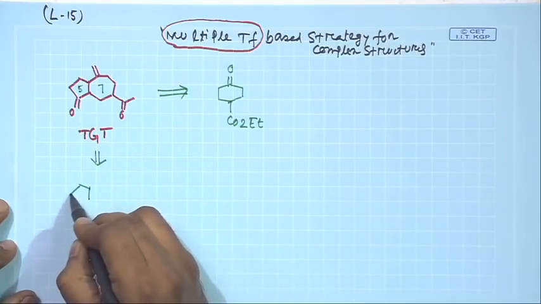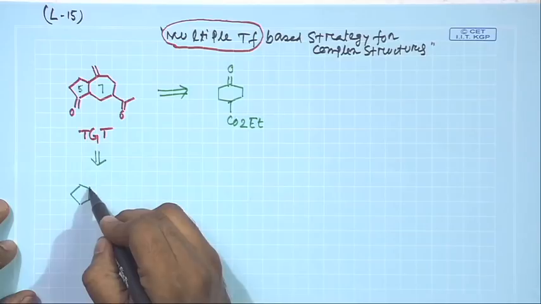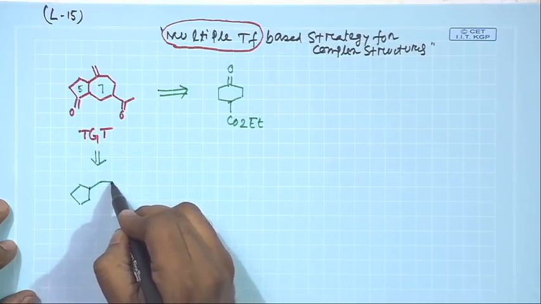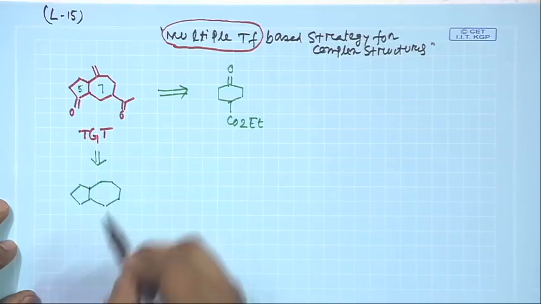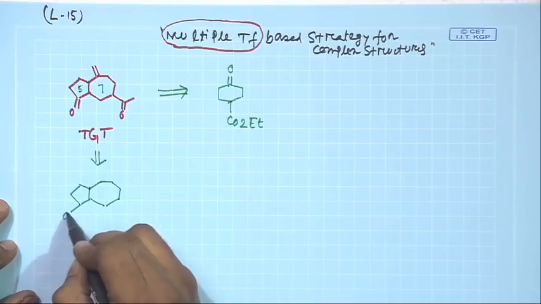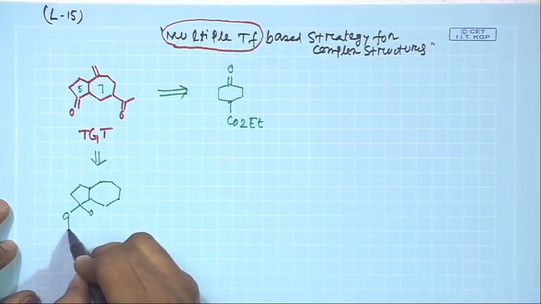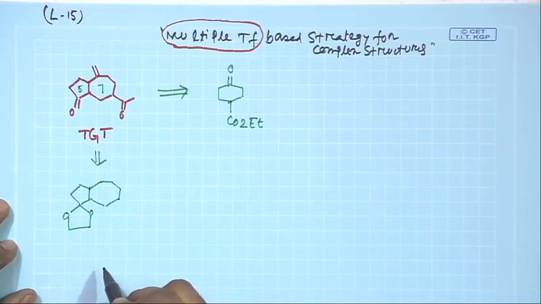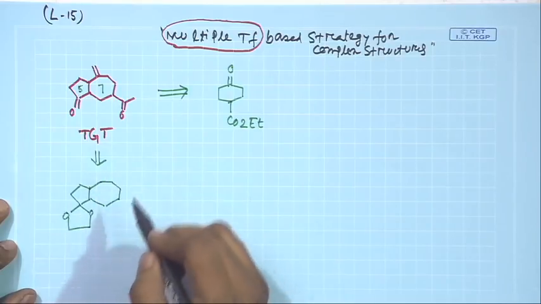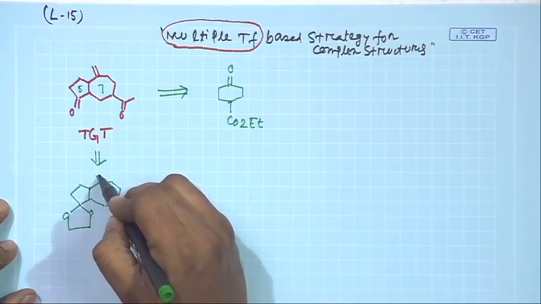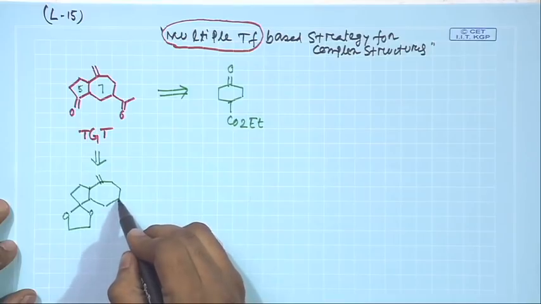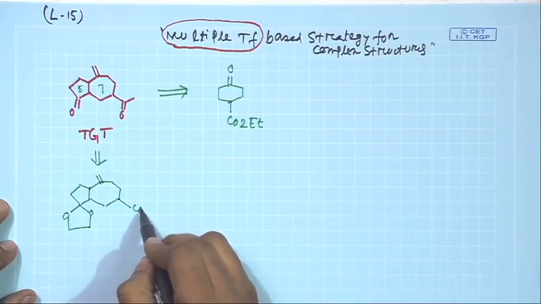So, let us do the retro first and then we will try to analyze it. This ring ketone, we are trying to put a protecting group, and this exocyclic methylene will be introduced in a later part.